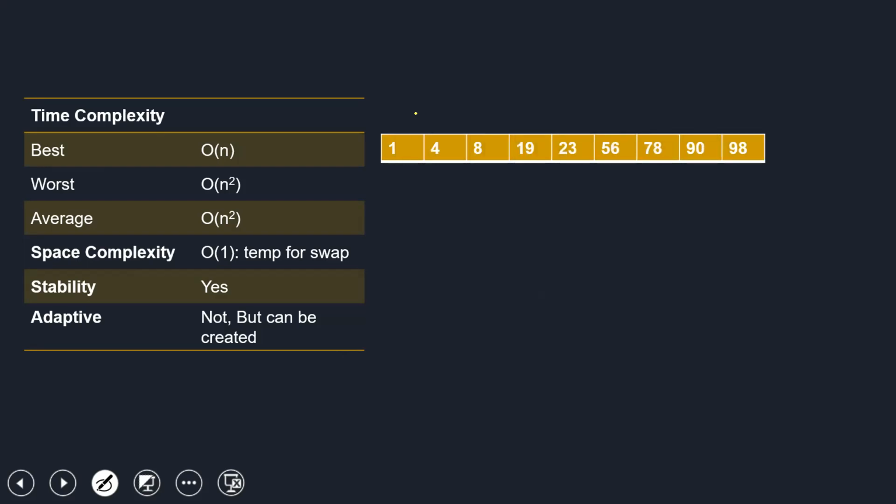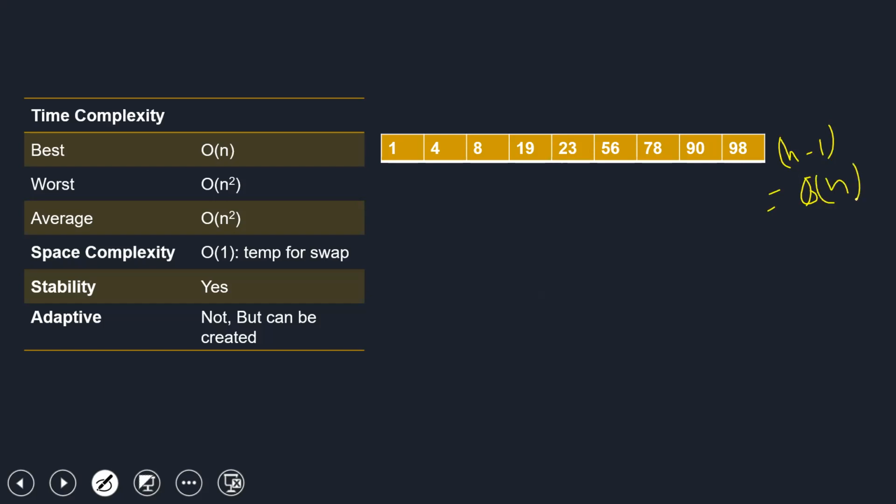As I already mentioned, it is not adaptive, so you have to externally take care of it. If it is already sorted, we switch off the loop, and you get only n minus 1 comparisons, which is eventually big O of n complexity. So this is the best case scenario.